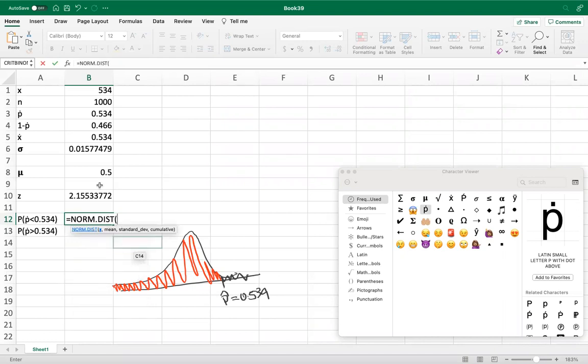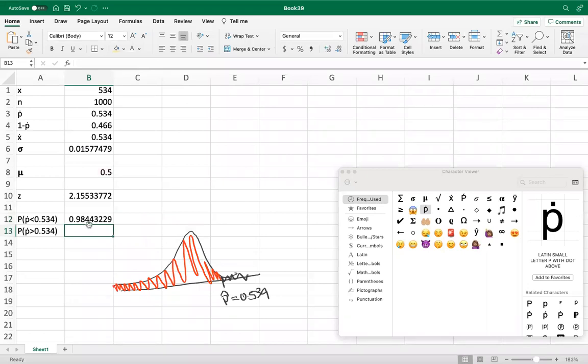So here, x is just this right here. The mean is this. Our standard deviation is this. Cumulative, we always want it to be cumulative, so that way it grabs everything under the graph. So this one's going to be true. Hit enter, and this is our data that we have.